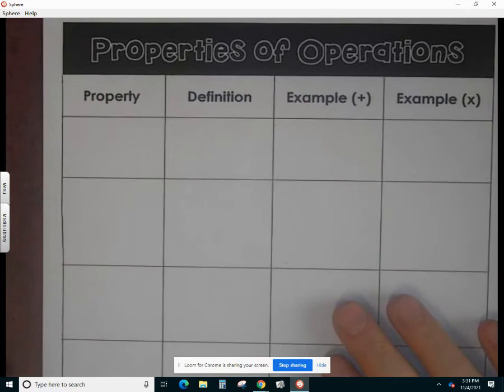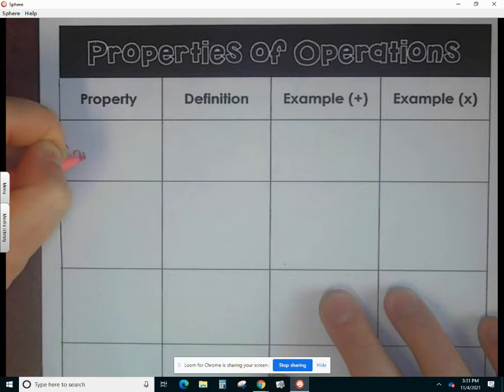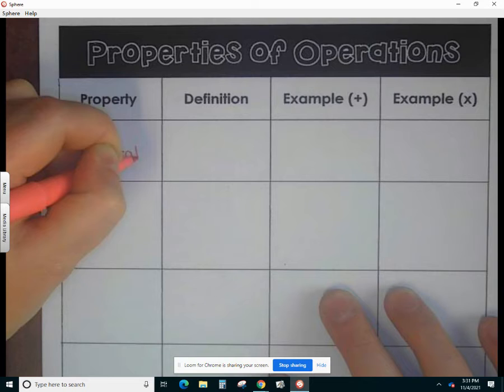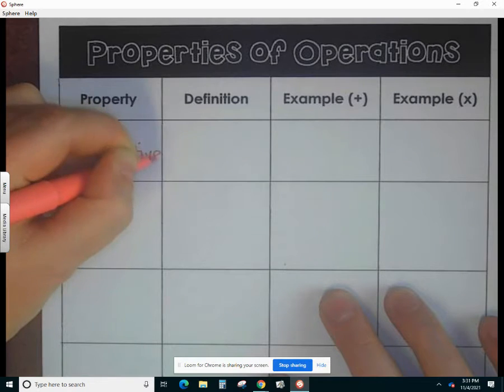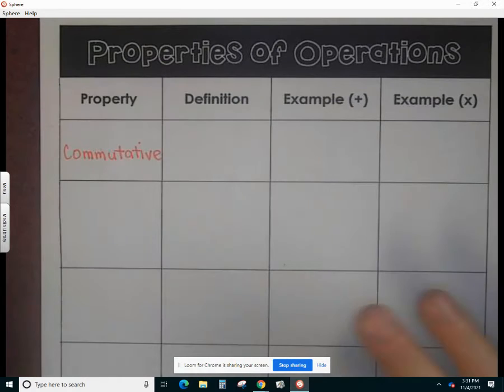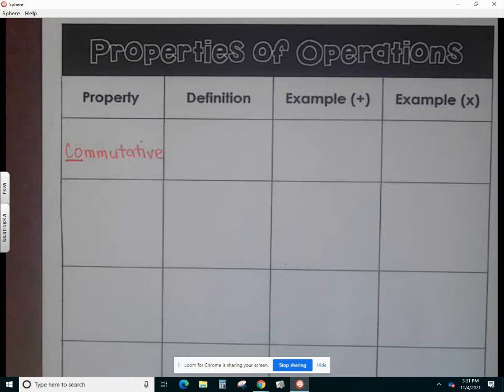So the first property is called the commutative property. C-O-M-M-U-T-A-T-I-V-E. Commutative. The commutative property. And I want you to underline the first 2 letters in the word commutative. C-O.